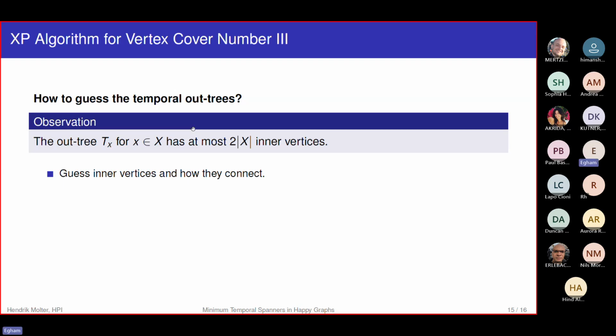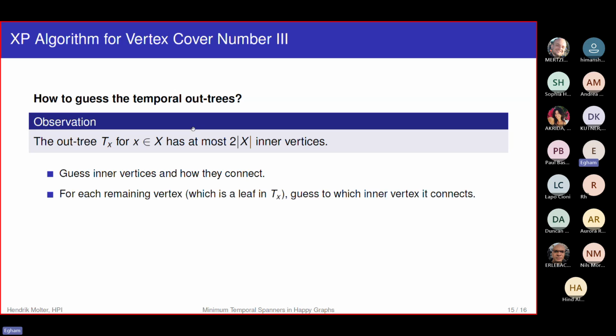And then I can go to all the independent set vertices, of which I know they all have degree at most vertex cover number, because those are the only vertices they are allowed to be connected to. And then for each of them, I can just guess to which of the inner vertices or which of the vertex cover vertices they connect as leaves. And this gives me an overall procedure with which I can guess basically how these out trees look like.